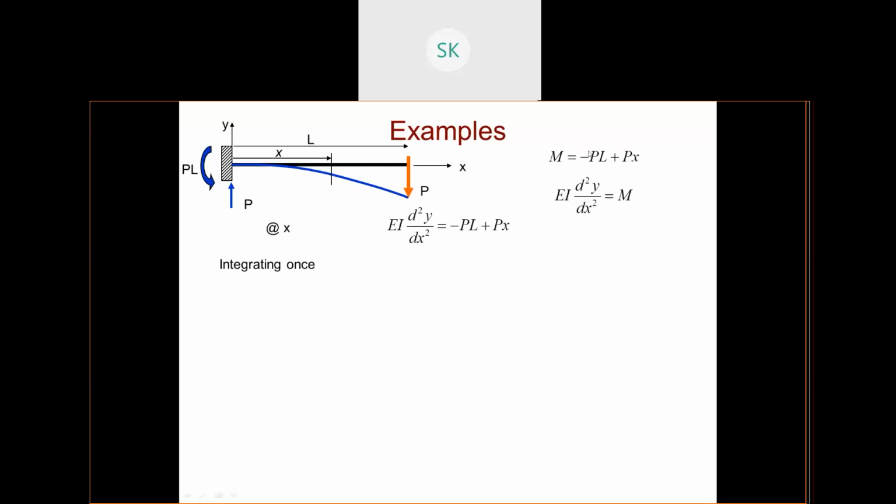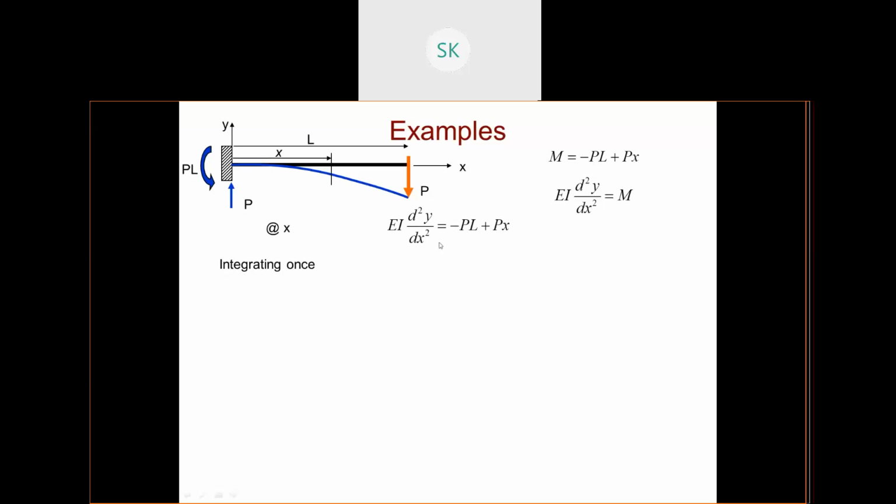I'll not discuss how I get this, because we discussed it in the shear force and bending moment class. The equation for deflection of beams is EI d square y by dx square equals M. So I'll replace this M by minus PL plus Px.